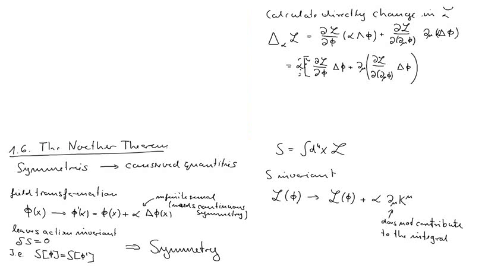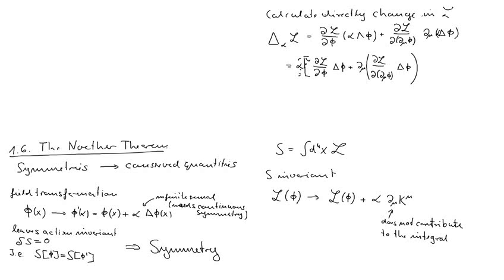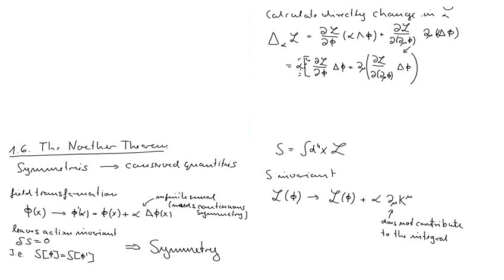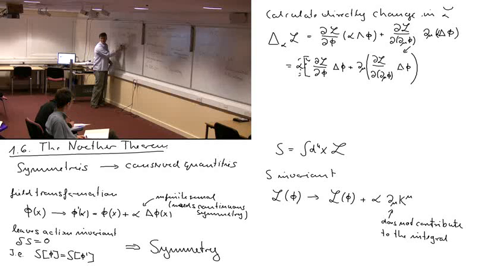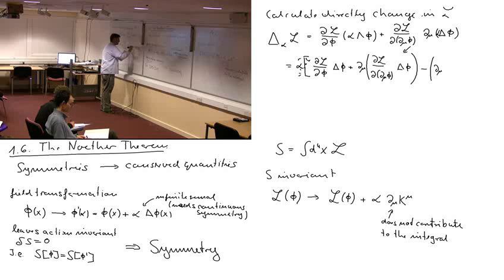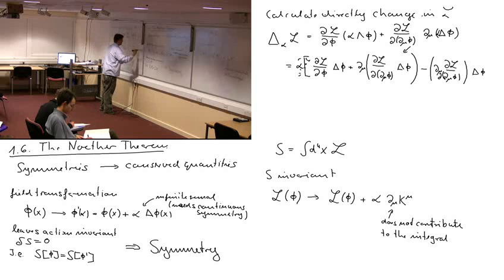But it nevertheless may be convenient to actually introduce it. So this term over here, if you apply the derivative to the delta phi, gives us exactly this term over here. But it also gives us an additional term where the derivative acts on this term over here. And so we have overcounted a little bit, so we have to subtract the term where this derivative acts on this term over here, multiplied by delta phi.